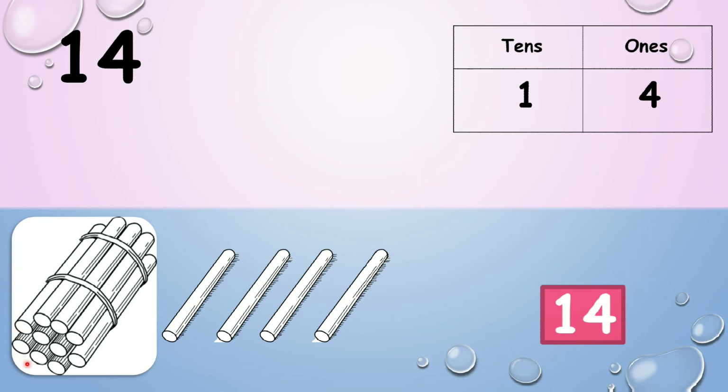This gives us a total of 14. So in terms of place value, 14 can be written as 1 ten and 4 ones. Tens and ones is what we call the place values.